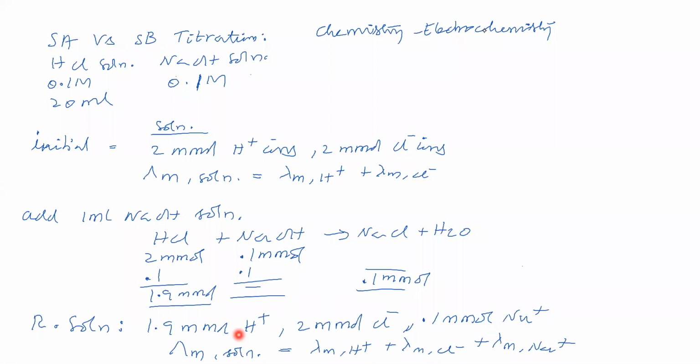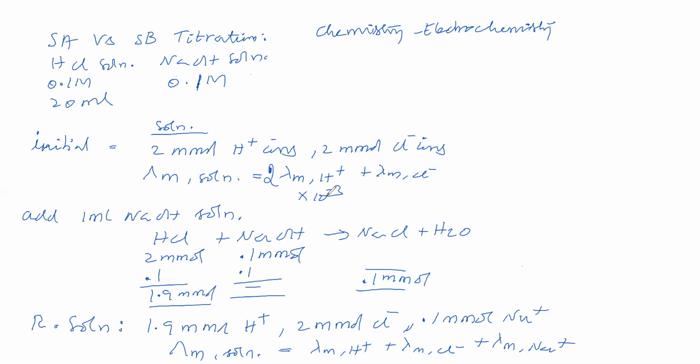So, if you see the current carried by this H plus, how much magnitude of current does it carry? You have to understand one thing: this should be multiplied by 2 into 10 power minus 3. Why?